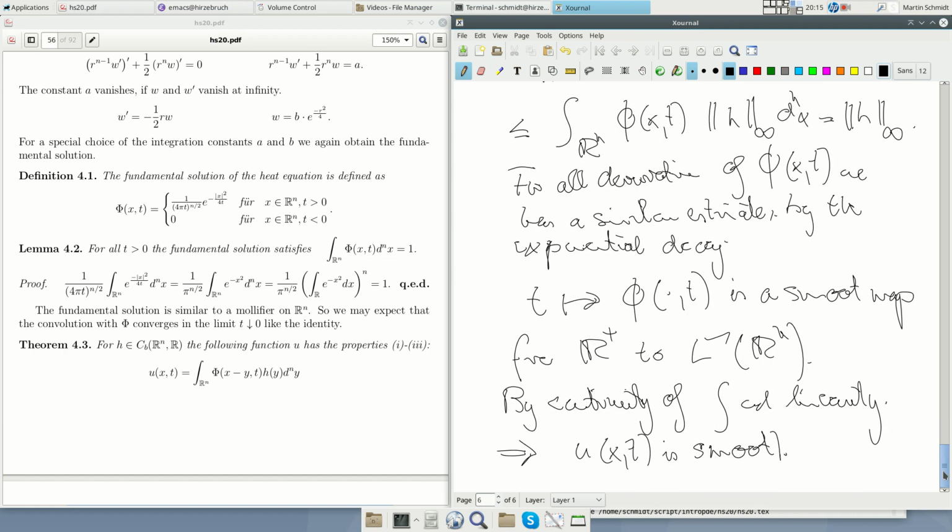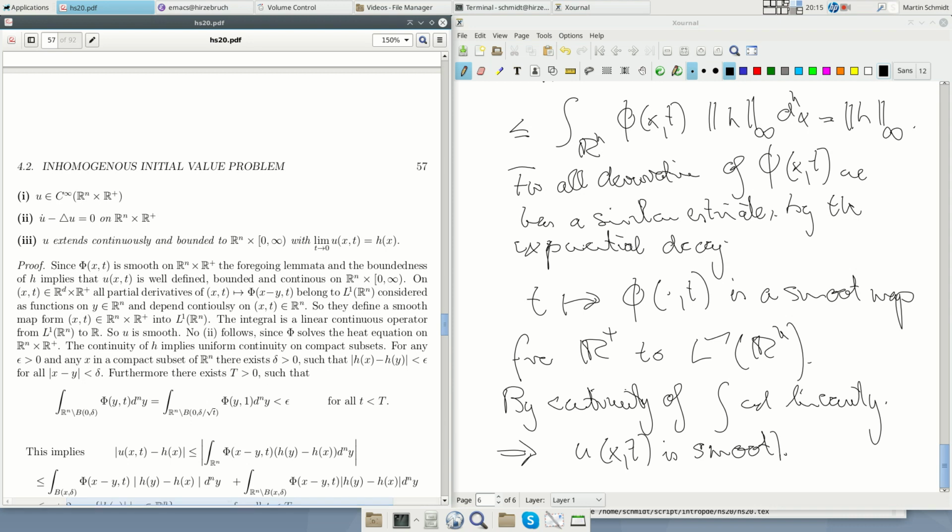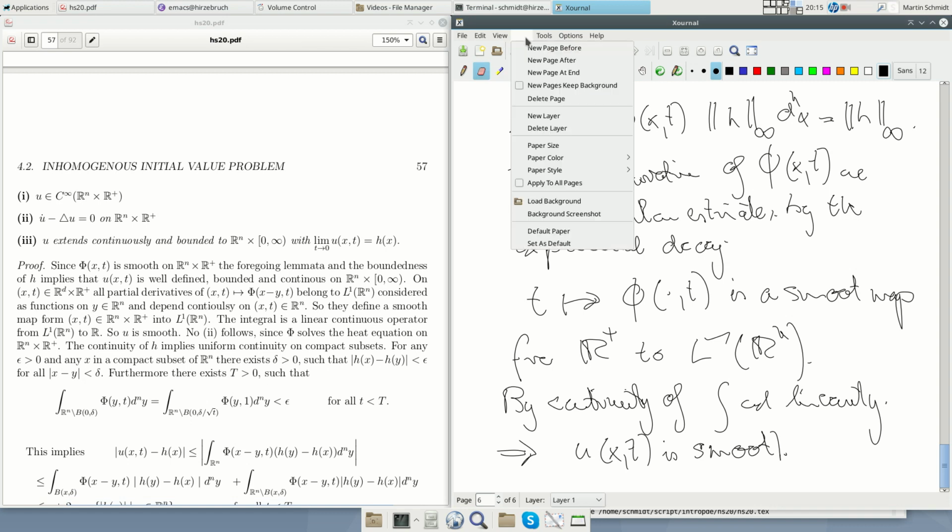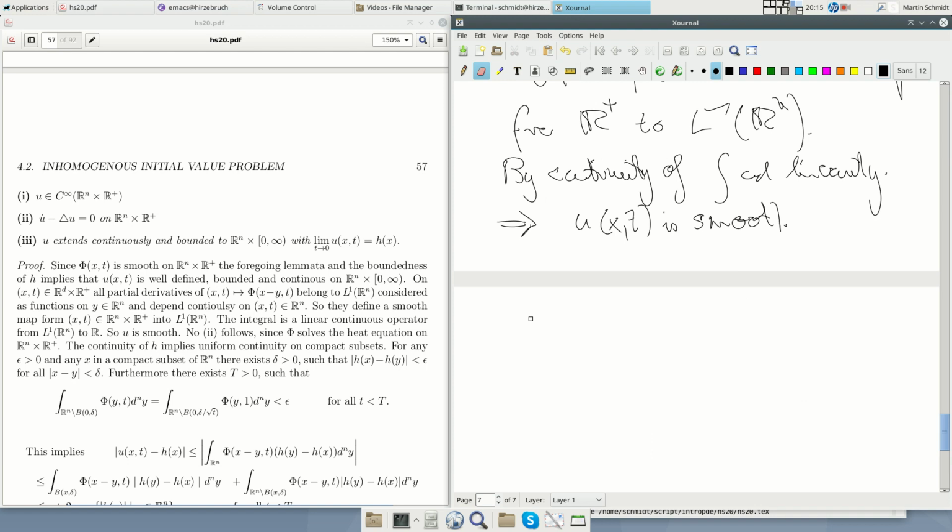So indeed, this is a smooth function, and now we take the derivative, since u solves the heat equation. Also u solves the heat equation.